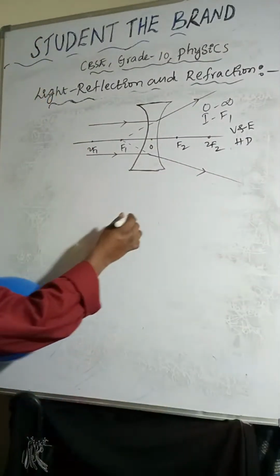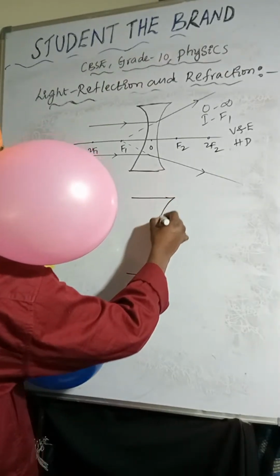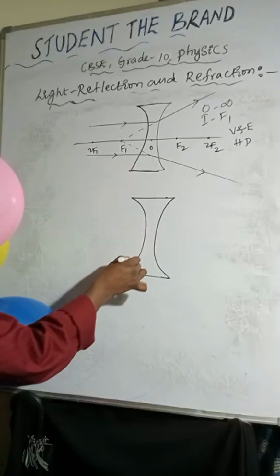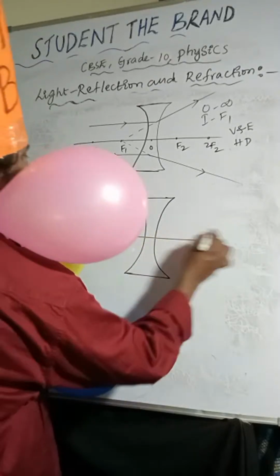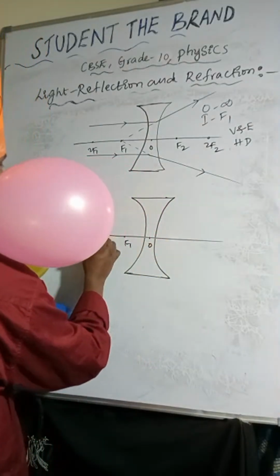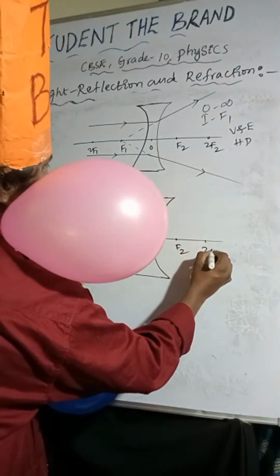Next one. Only two cases are there. Very simple, very easy. Here I am taking optic center, F1, 2F1, F2, 2F2.